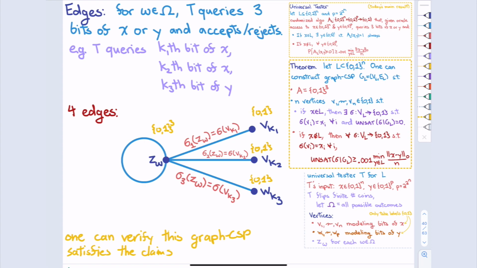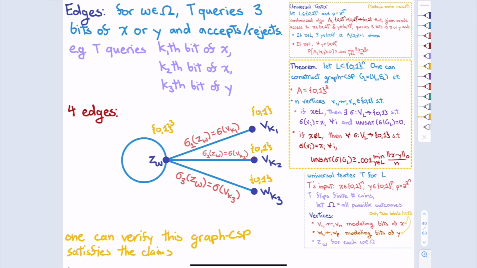Yeah, exactly. It's a little bit wordy, not a short, compact thing. But remember, these constraints are just defined by what labels you're going to accept. So we should accept exactly what t would accept with the coin tosses omega. If t gets coin toss omega, it makes 3 queries, looks at those 3 bits, and either accepts or rejects.